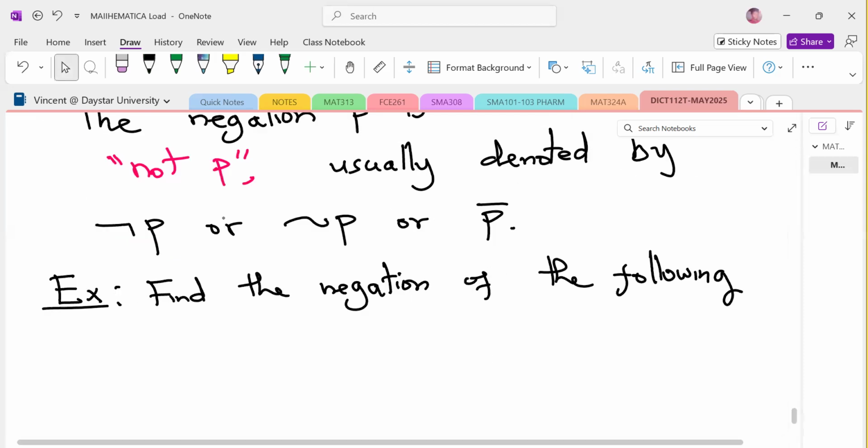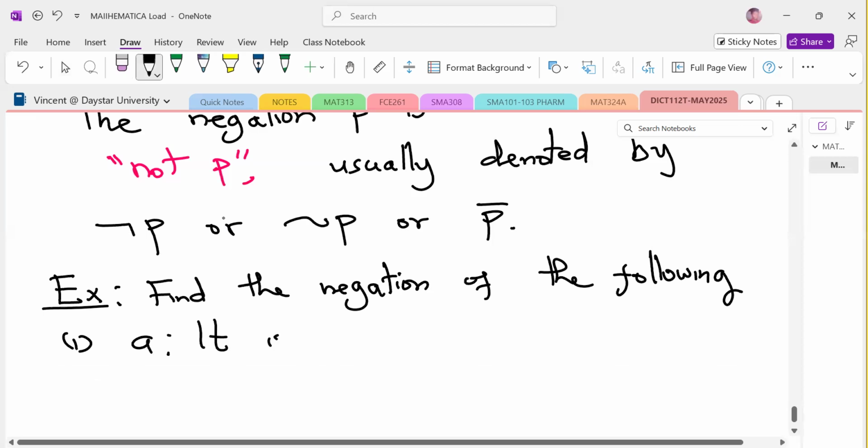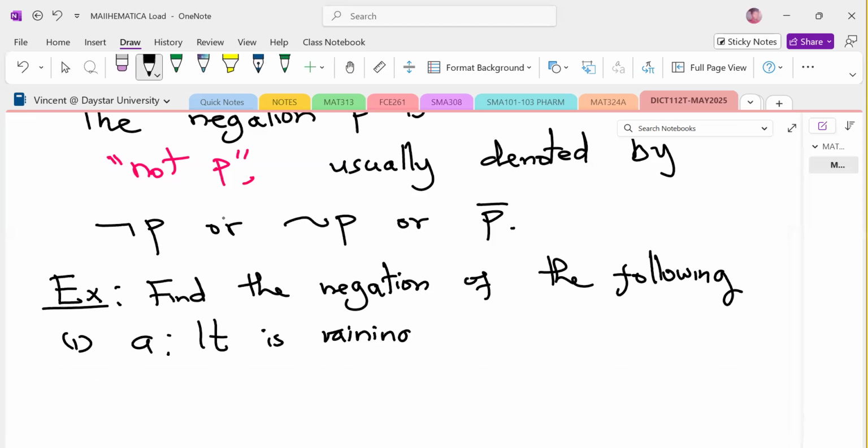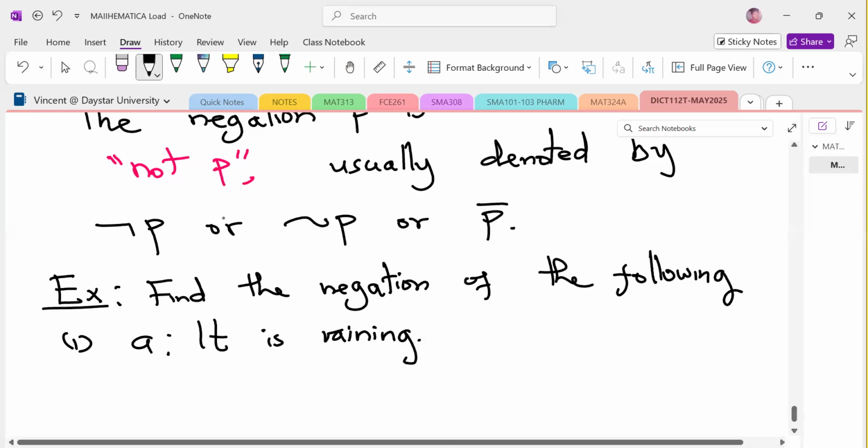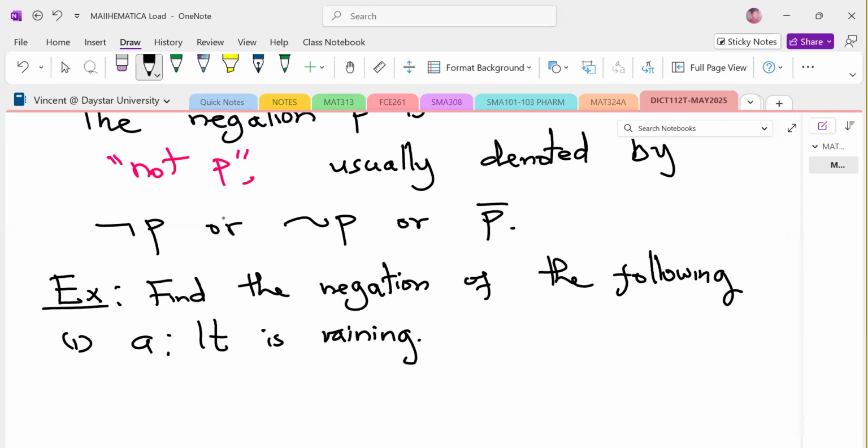The first statement, it is raining. When you say the statement is it is raining, then its negation will be if you are denying that the statement is not correct or it's not true.